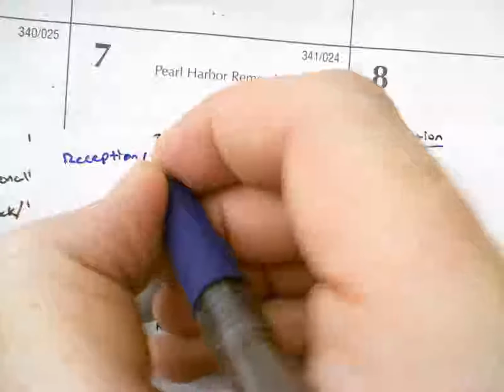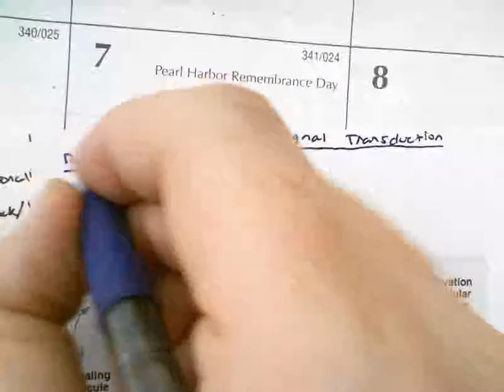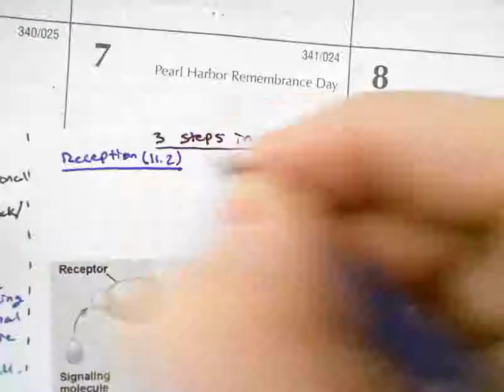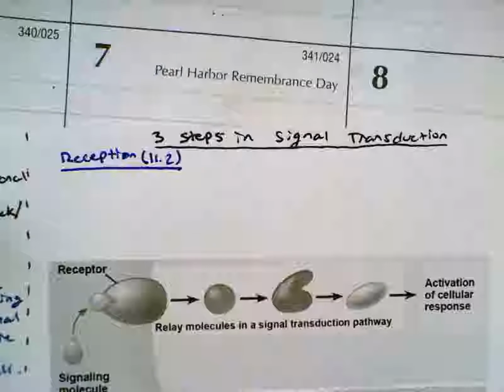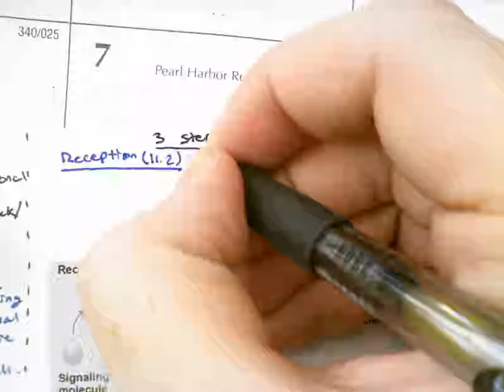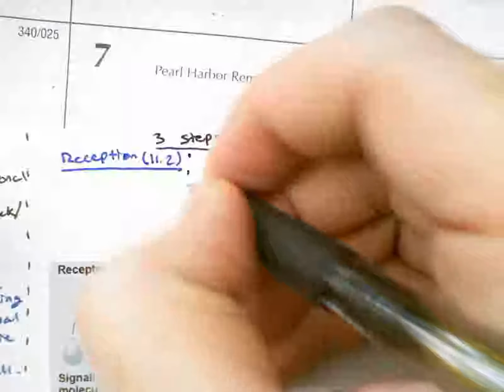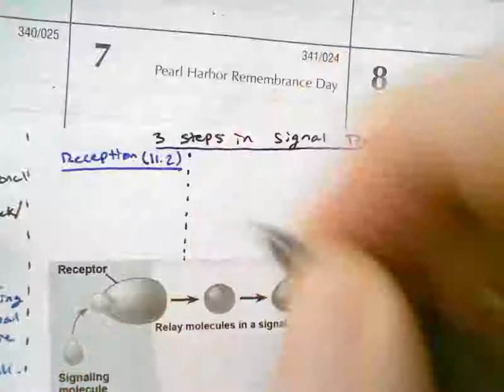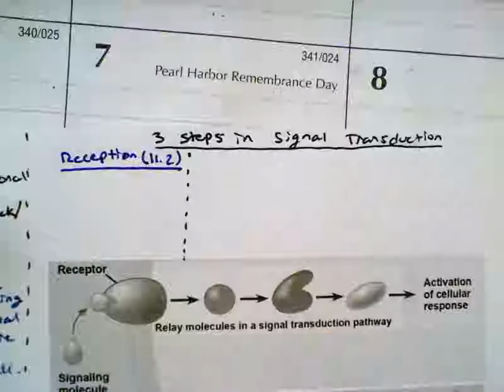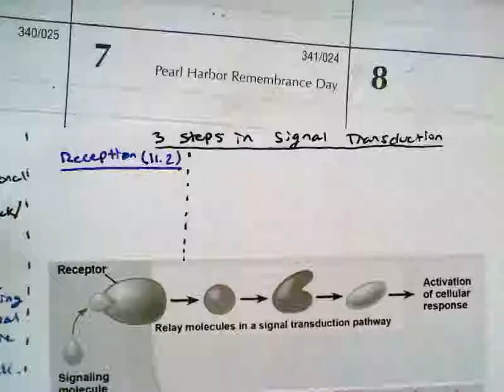And this is covered in 11.2 of your book. Okay. And we will squeeze this all in. Go ahead and make a little barrier here. We'll do all the reception stuff right here.